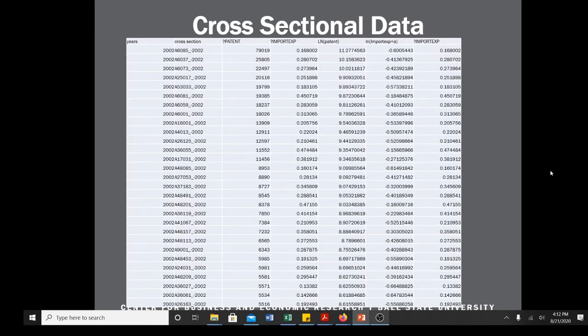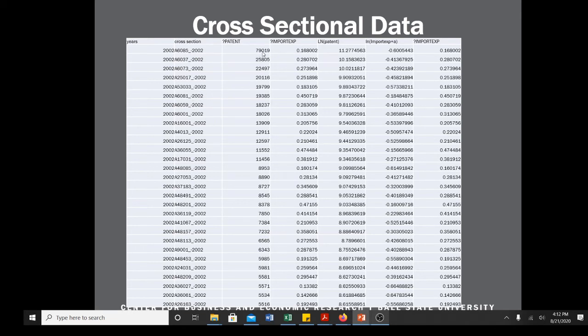This is an example of cross-sectional data. We have the year here. I just copied these from a spreadsheet from some analysis that we're doing. This is a year. The cross-section, this data right here is a FIPS code, the 6085. And so it gives us information about that county, that only one county has a 6085 FIPS code.